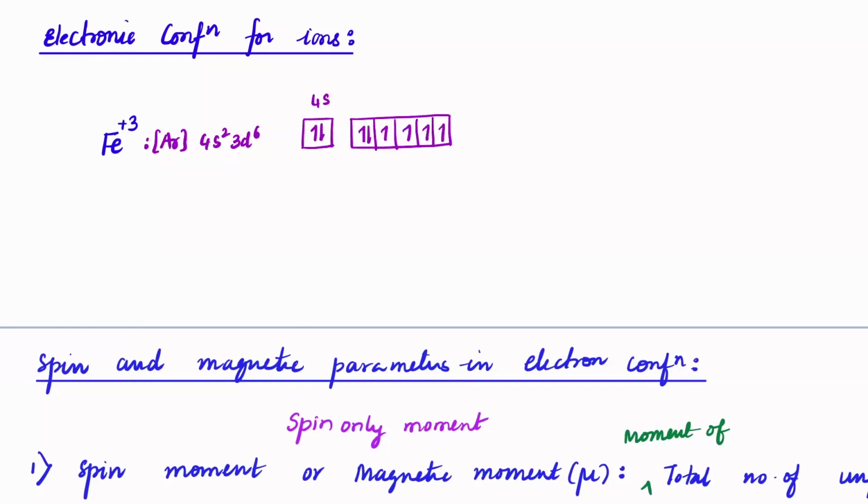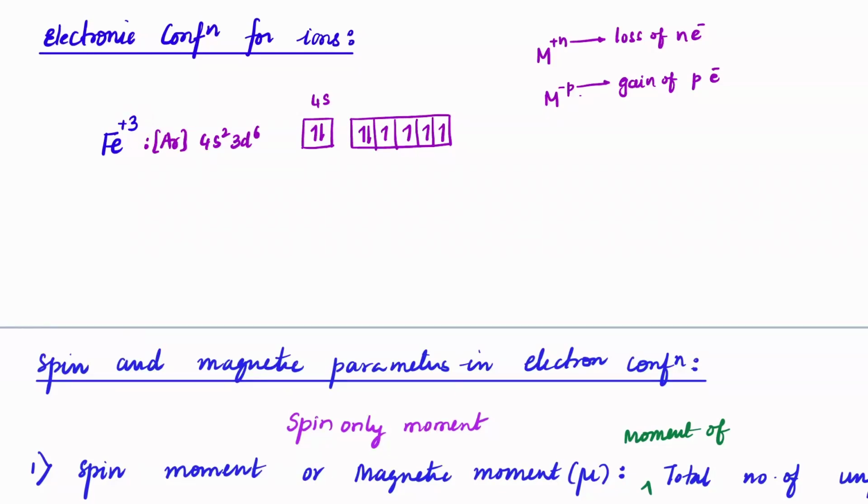Now imagine I have given the charge as plus 3 here. The plus 3 represents that there is a loss of 3 electrons. So when M^n+ is represented, n represents loss of n electrons. If it is given M^p-, that means gain of p electrons. So there is a loss of 3 electrons, which means I have to remove those 3 electrons from this atom.